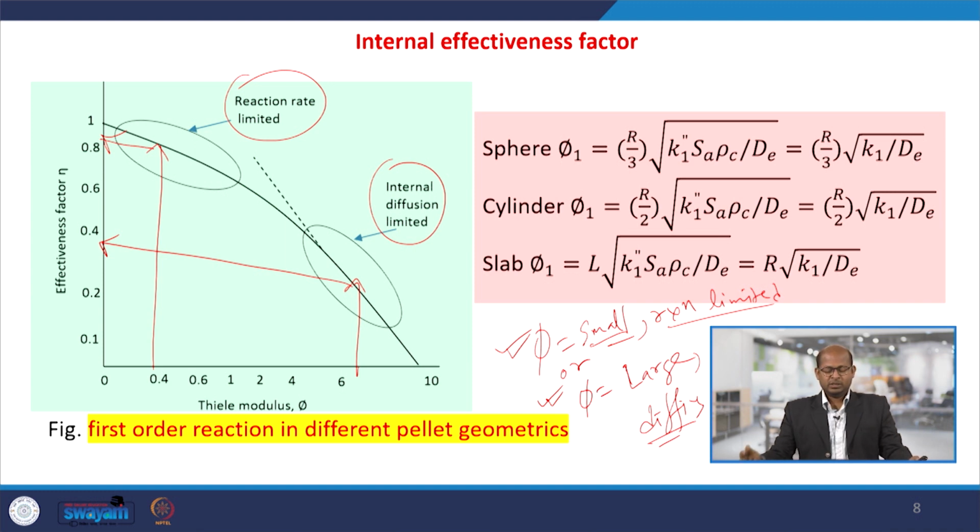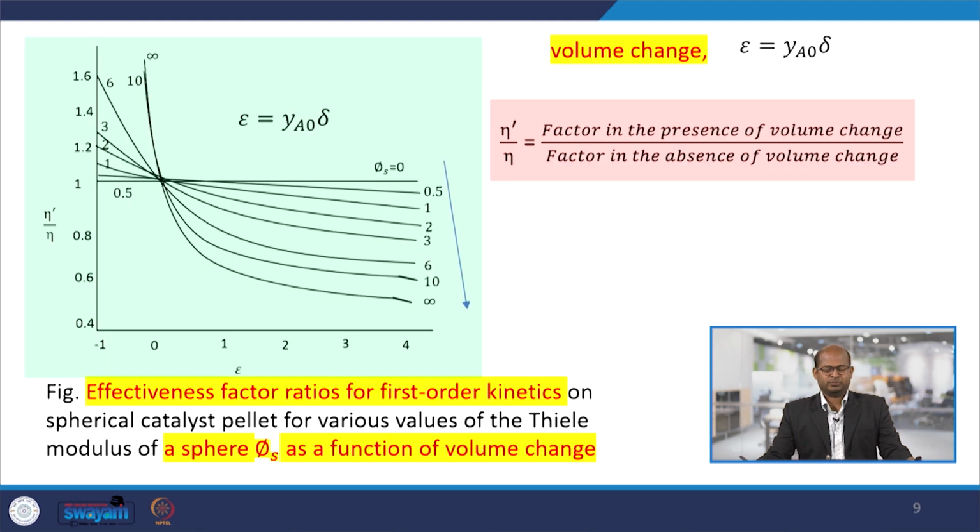Depending upon that we can eliminate the diffusion part. So, our objective whenever we design a catalyst should be to eliminate diffusion so that the reaction is controlling or limiting for that particular reaction. Then we can get higher conversion, higher yield, and higher selectivity. Those would be the objectives.